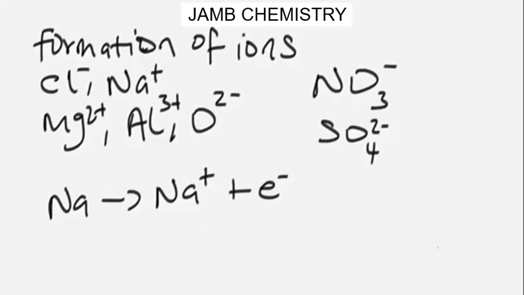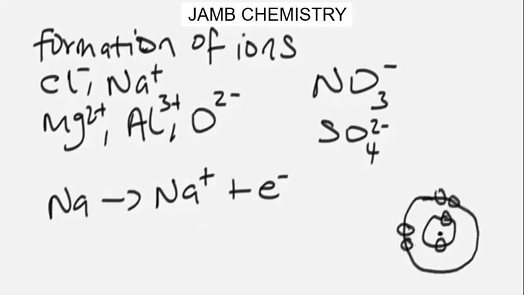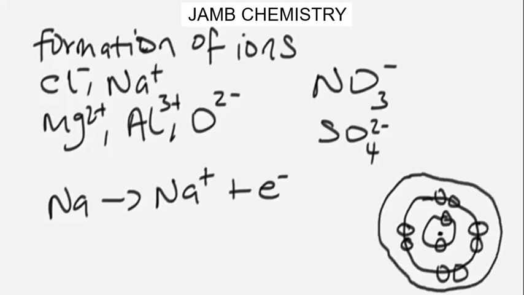Now let me show you. Let's do the structure of sodium. So this is sodium atom. This is the nucleus. This is the first shell, and this is the second shell. Okay. As we all know, sodium has 11 atomic number. So this will be the structure, we have the remaining electron to be here.